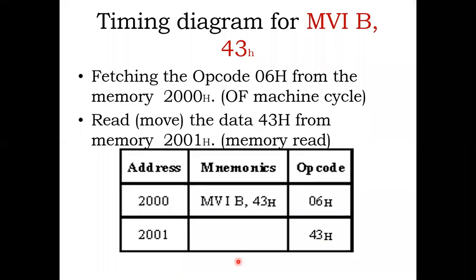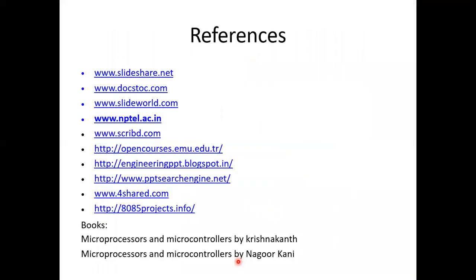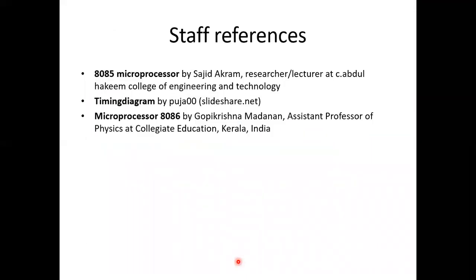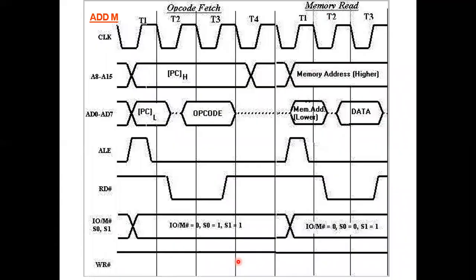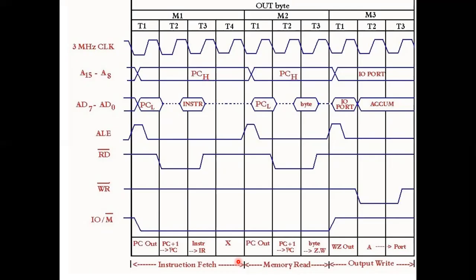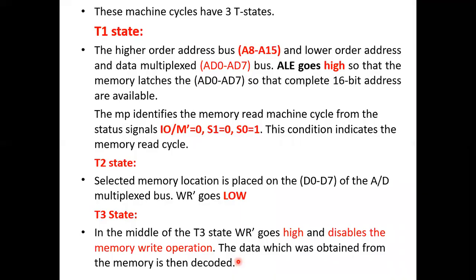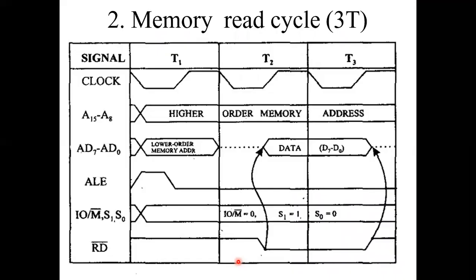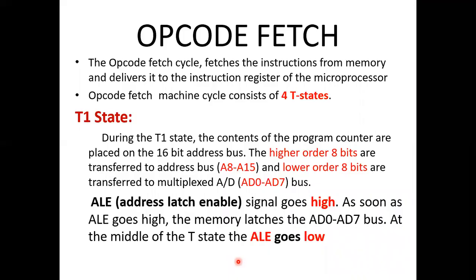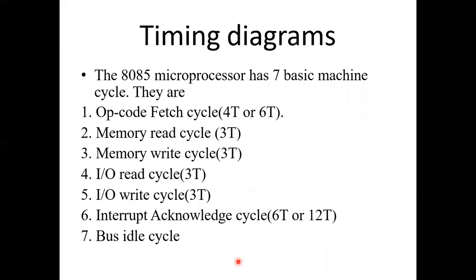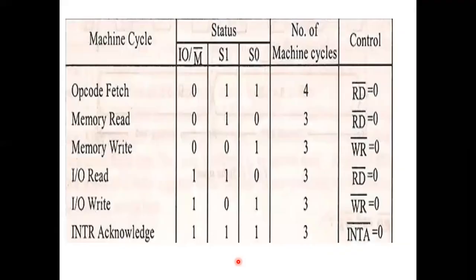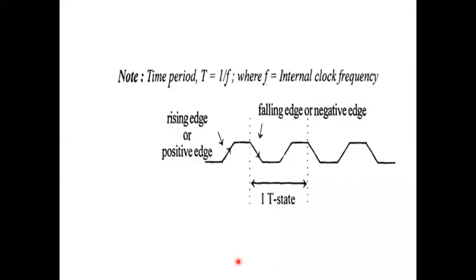So we have different kinds of timing diagrams like this. This is the 8085 timing diagram. Simple concept: a timing diagram is the graphical representation of the execution of an instruction.